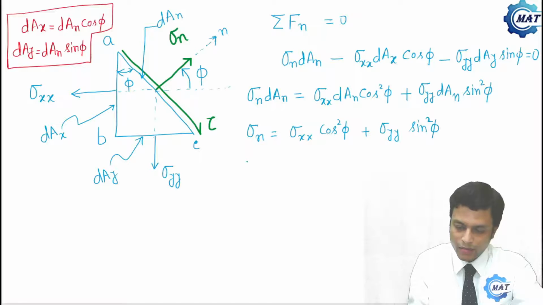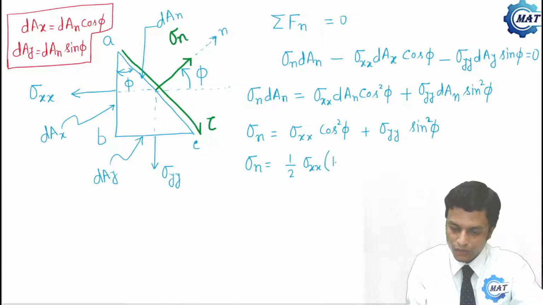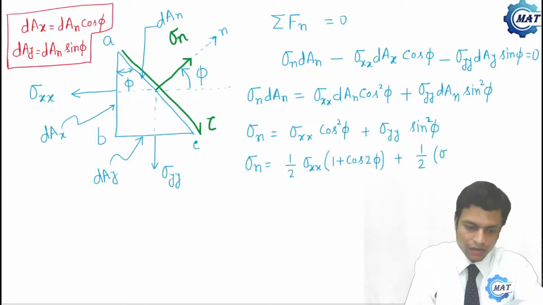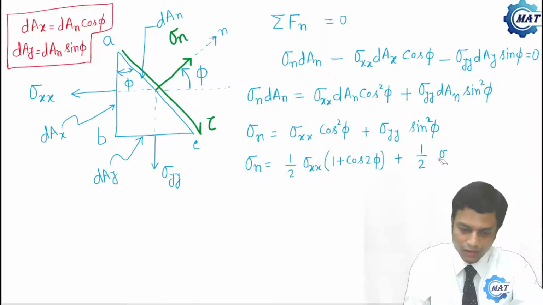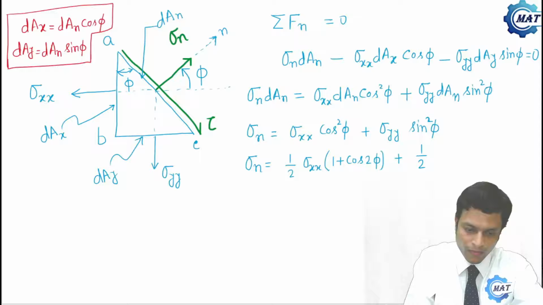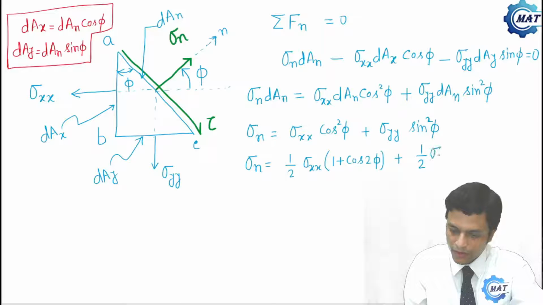We can modify this equation: sigma n is half of sigma xx times 2 cos square phi, which is 1 plus cos 2 phi, plus half of sigma yy times 2 sin square phi, which is 1 minus cos 2 phi.